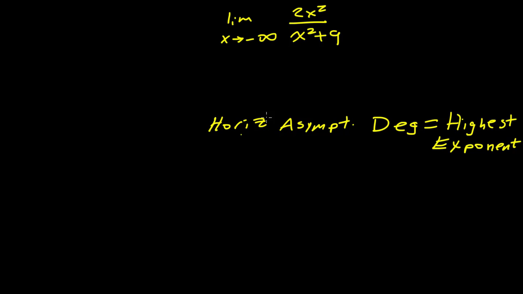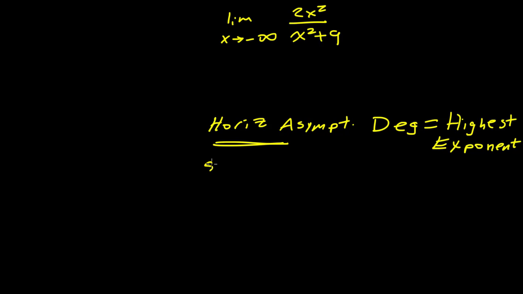So, for example, the 2x squared, the highest exponent is 2. For x squared plus 9, the highest exponent is 2. If I had a cubic, it would be degree 3. If I had a quartic, it would be degree 4. And linear would be 1. Constant would be 0.